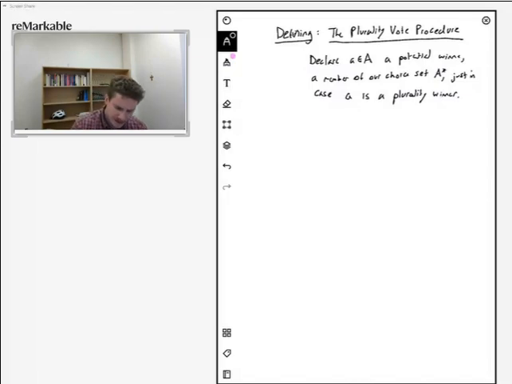Note, this is an important difference between plurality vote and the notion of majority. We cannot define a similar voting procedure using majority in place of plurality.